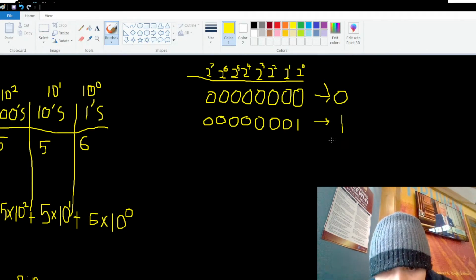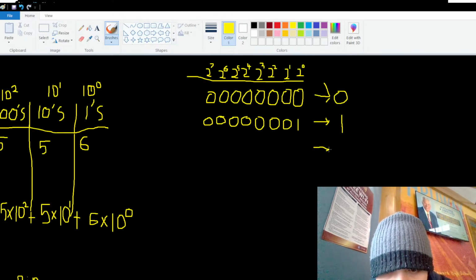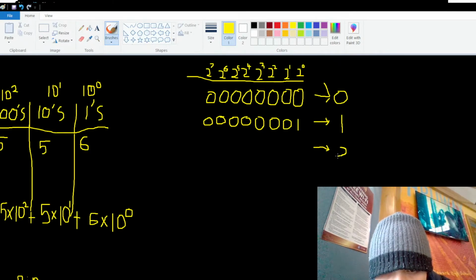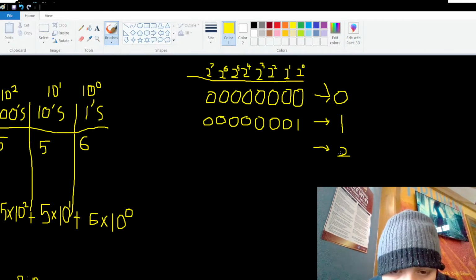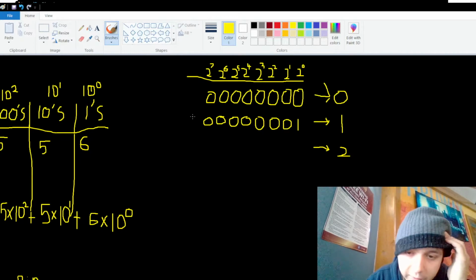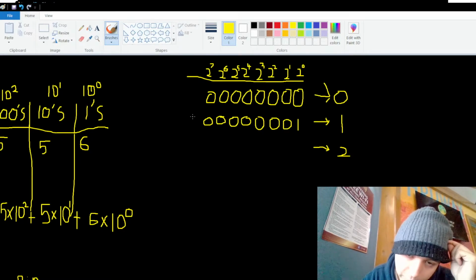So what's 2? What's 2 in binary? Well, how you want to think about it is it's almost like division going backwards.